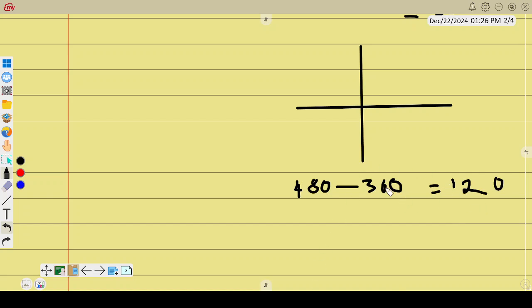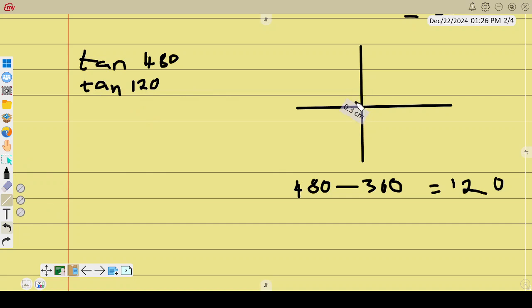So this 120 is the angle we're going to consider. So tan 480 is just the same as writing tan 120. Are we together here? It's the same as writing tan 120.